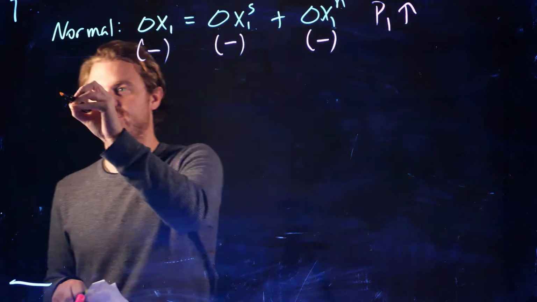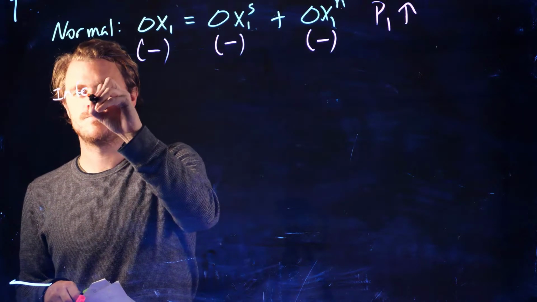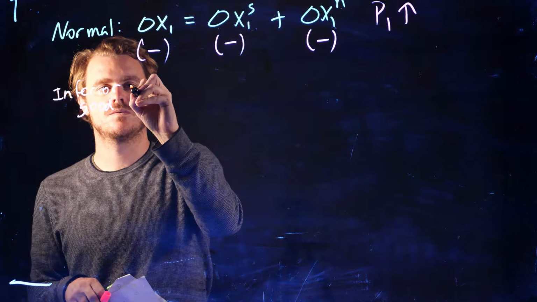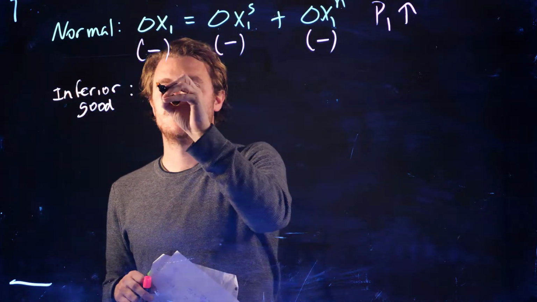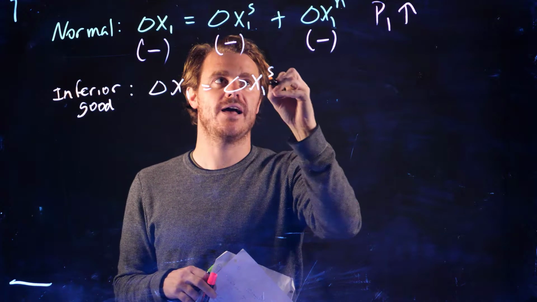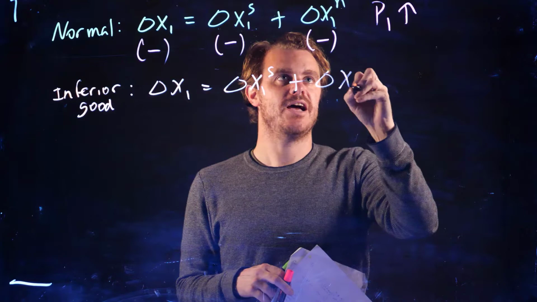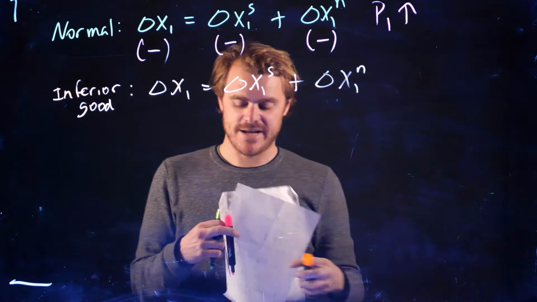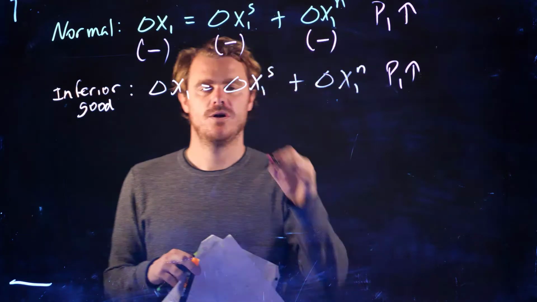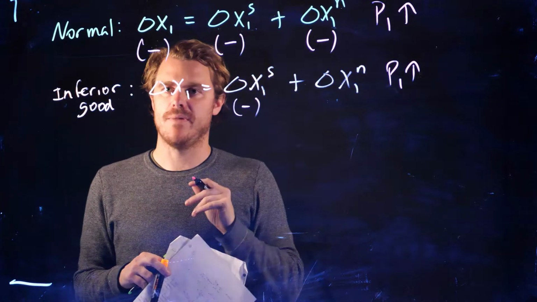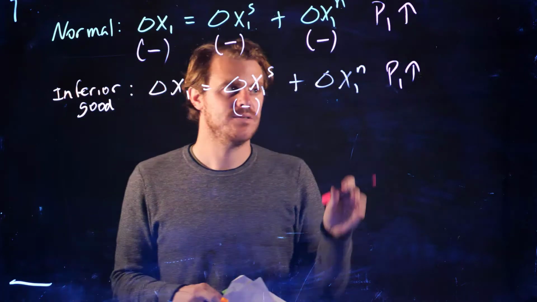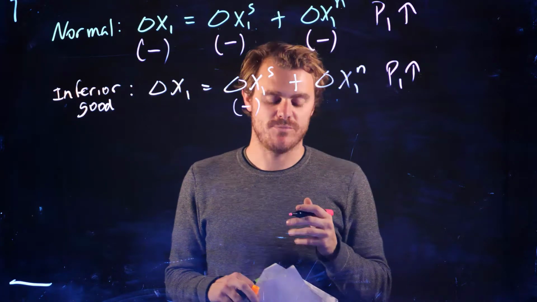Now let's talk about an inferior good. Change in x1 again equals the change due to the substitution effect plus the change due to the income effect. And again, let's imagine that P1 is going up. Well, again, this is going to be minus. We're definitely subbing away from this good because it's become relatively more expensive.